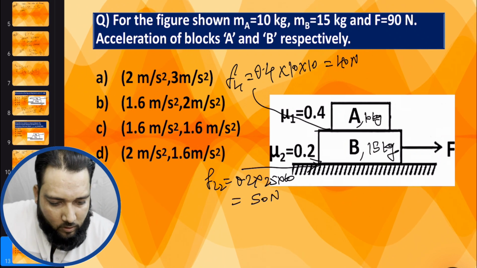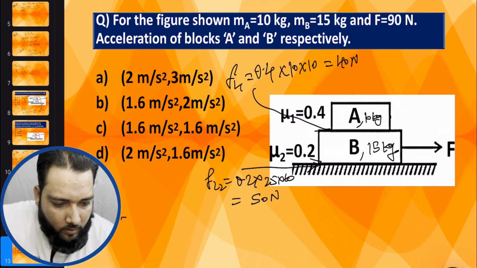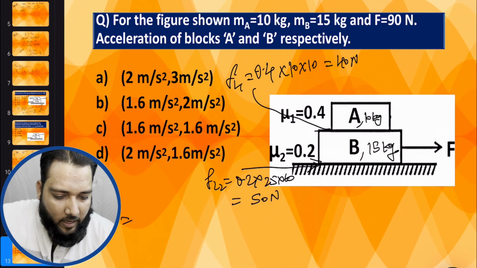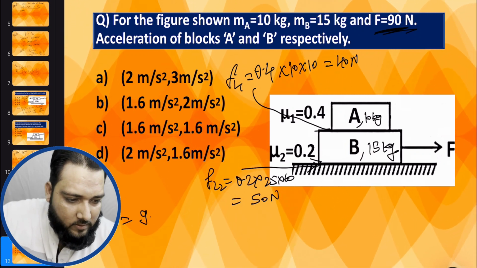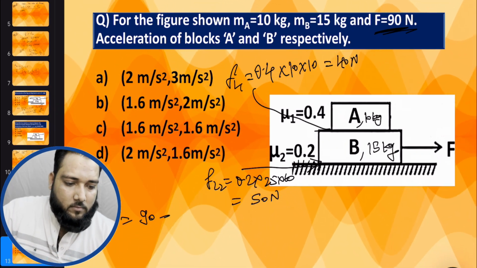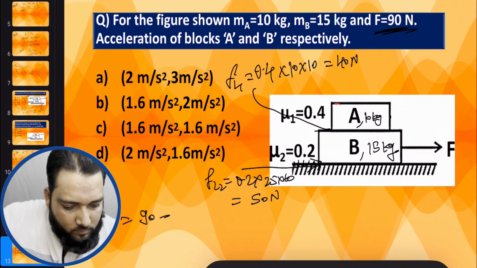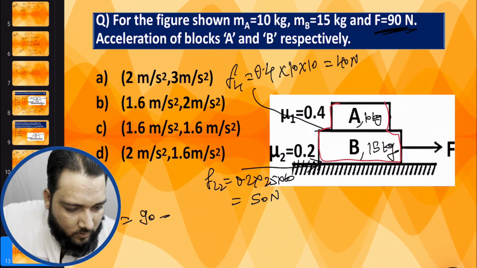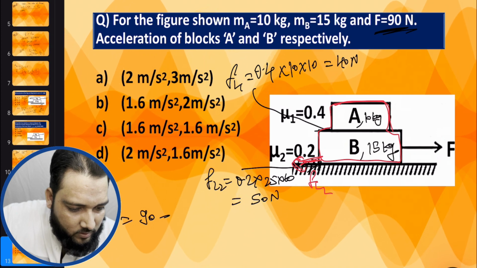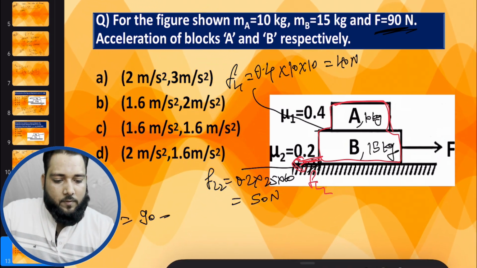Next step is, again we assume both blocks are moving together. Are you getting my point? So the common acceleration will be net external force F. F is given, that is 90 Newton. Now this time FL2 will come. If you assume this is a single system, then this friction force FL2 will come and this will oppose.